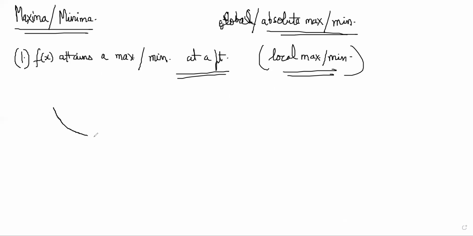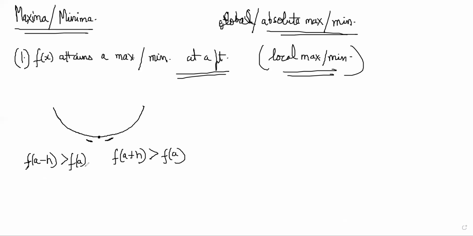If it is a local minima, what you can say without doing any derivatives is, in the immediate neighborhood of that point, f(a+h) should be greater than f(a), and f(a-h) should also be greater than f(a).